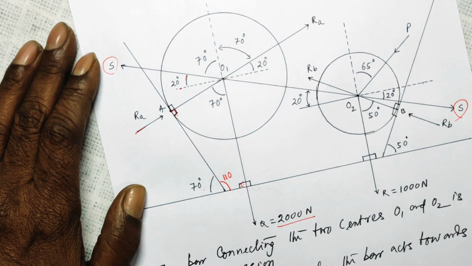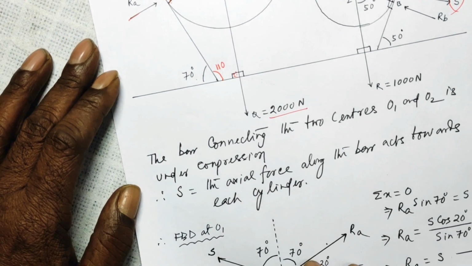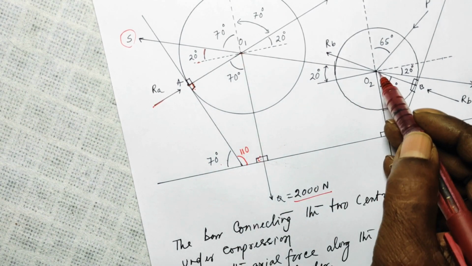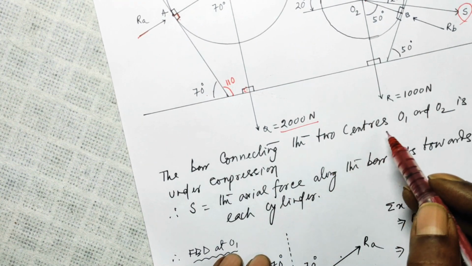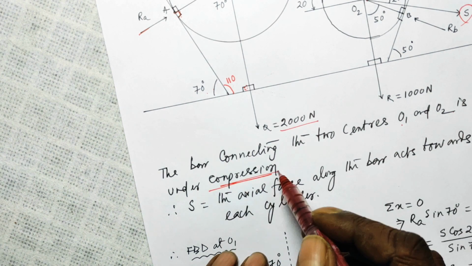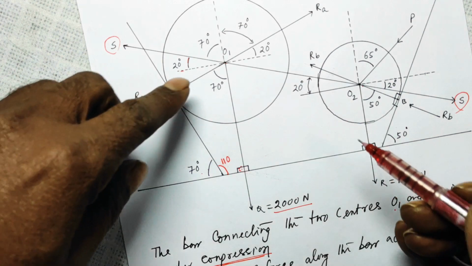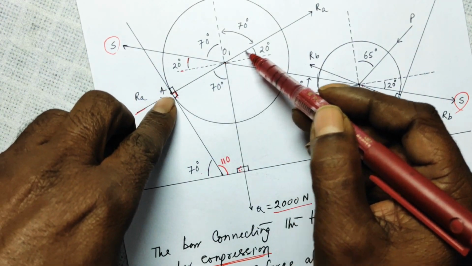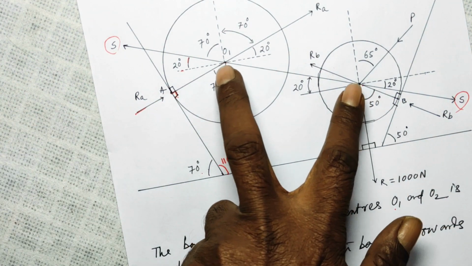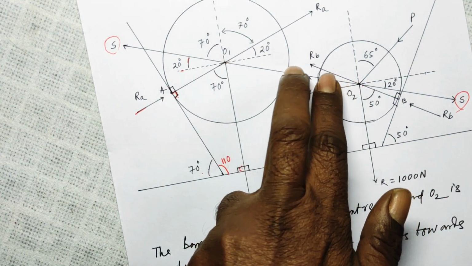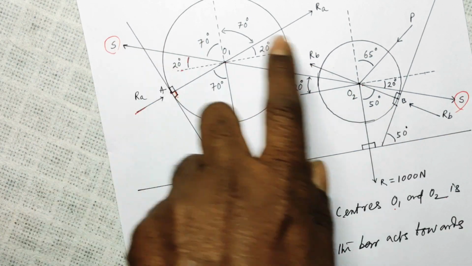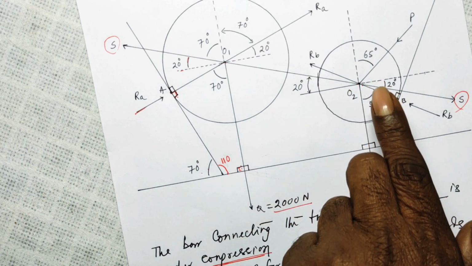I am explaining here, since the bar connecting the two centers, this bar from O1 to O2, is under compression, because here there is a force like this, and this bar from O1 to O2 is under compression. So this compression force S, the axial force S, will be towards each cylinder.